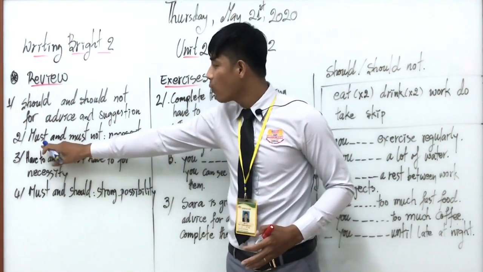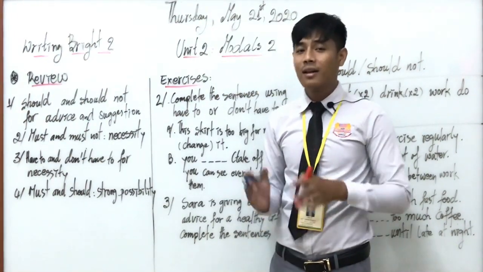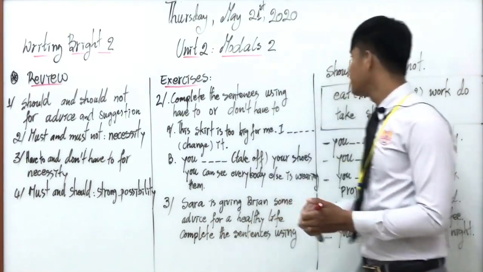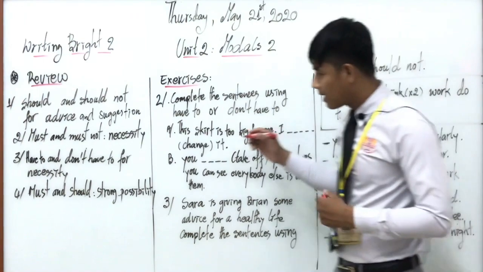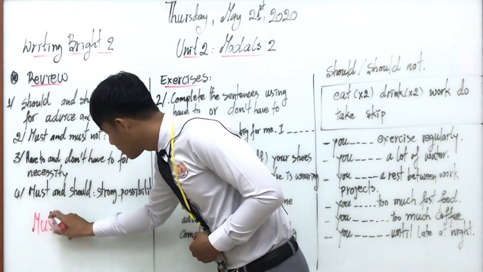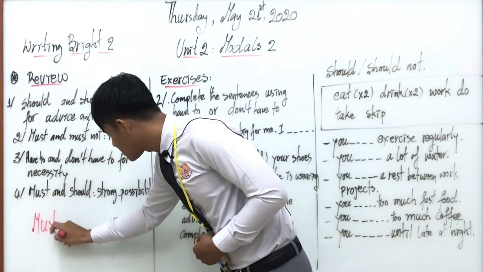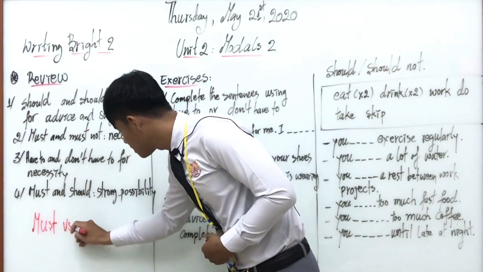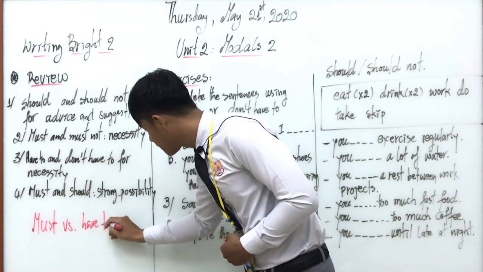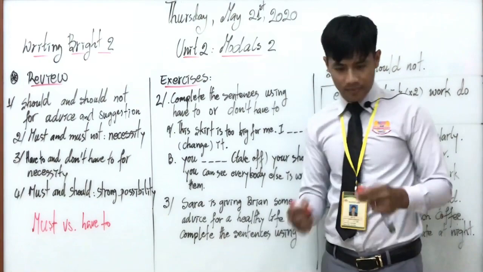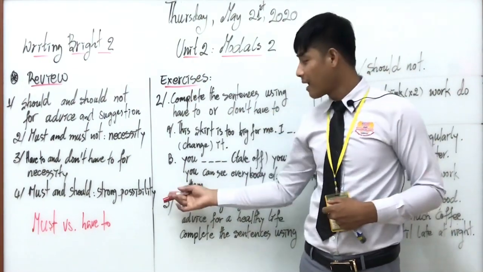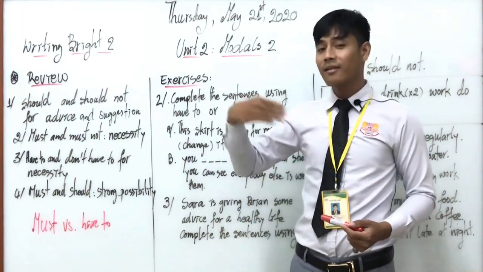And what is the difference between must and have to, everyone? Who can tell me? Okay, must versus have to. As you know, must is from outside, and have to is from inside.